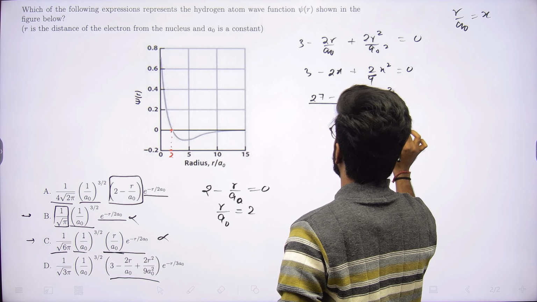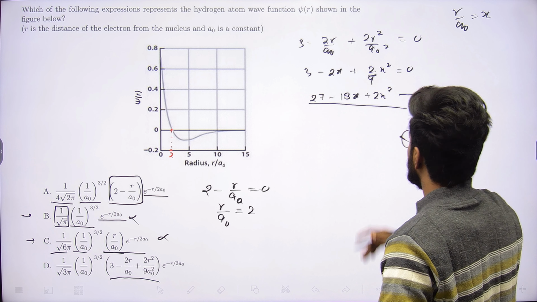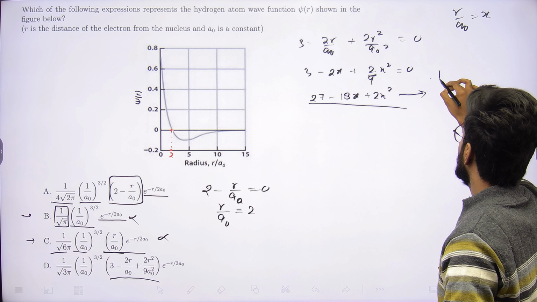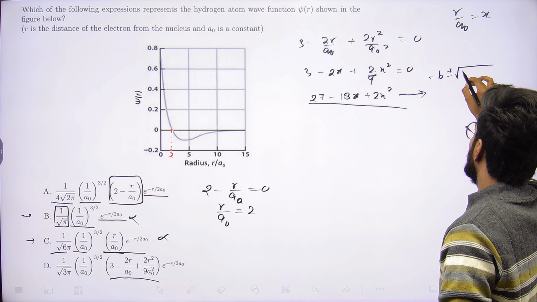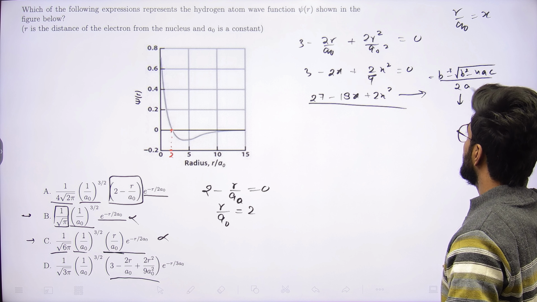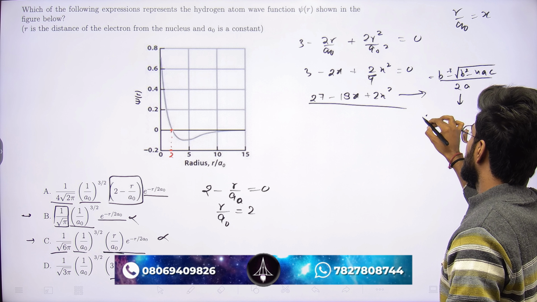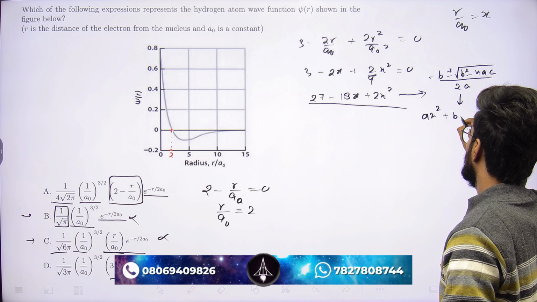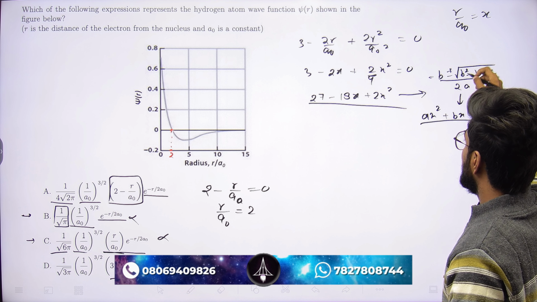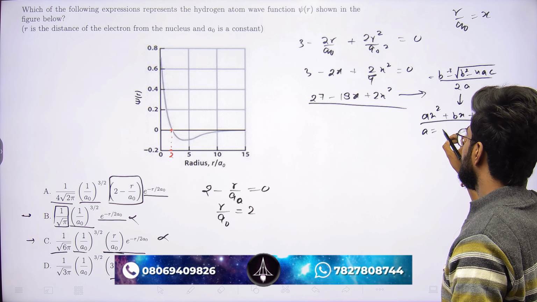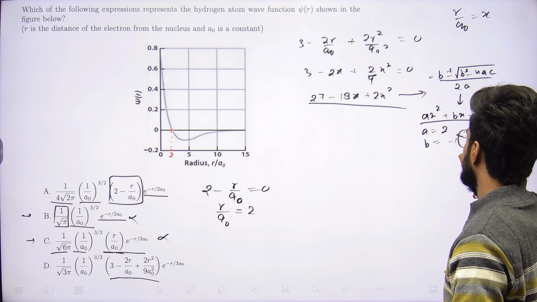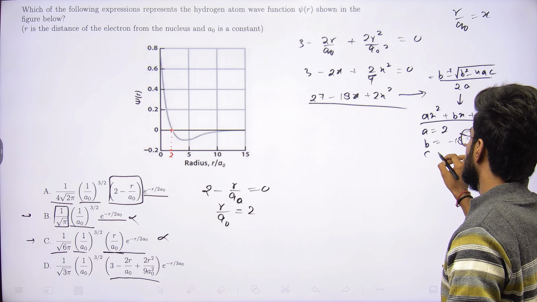When you solve this quadratic equation using the Sridharacharya formula that you very well studied in class 10th, that is x equals minus b plus minus under root b square minus 4ac upon 2a, which corresponds to the general equation ax square plus bx plus c equals 0. For this equation, a is 2, b is minus 18, don't forget this negative sign, and c is 27.